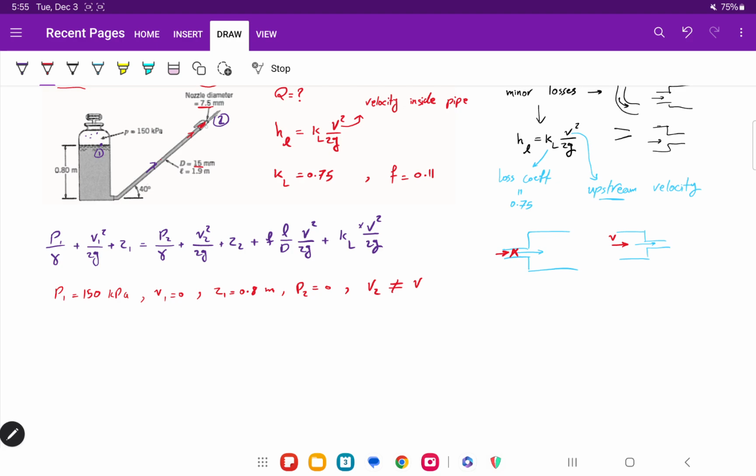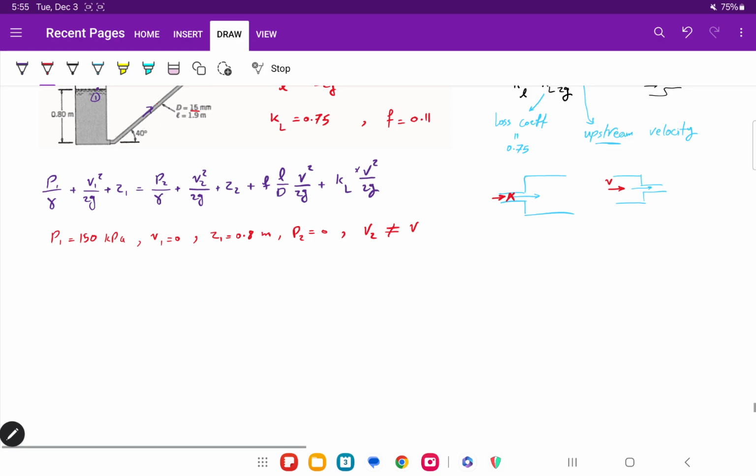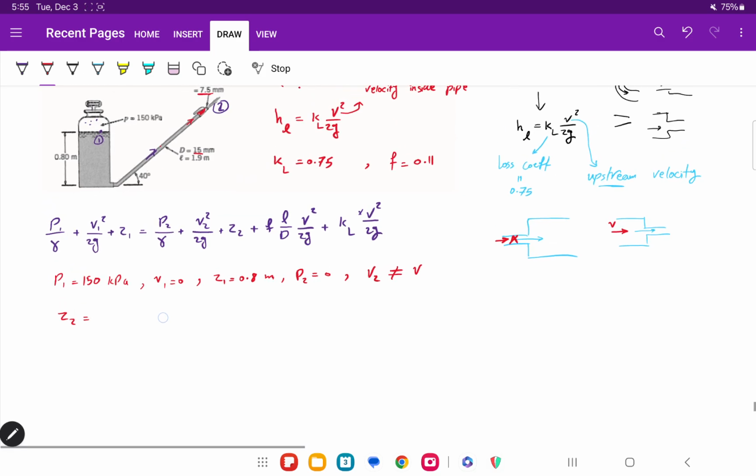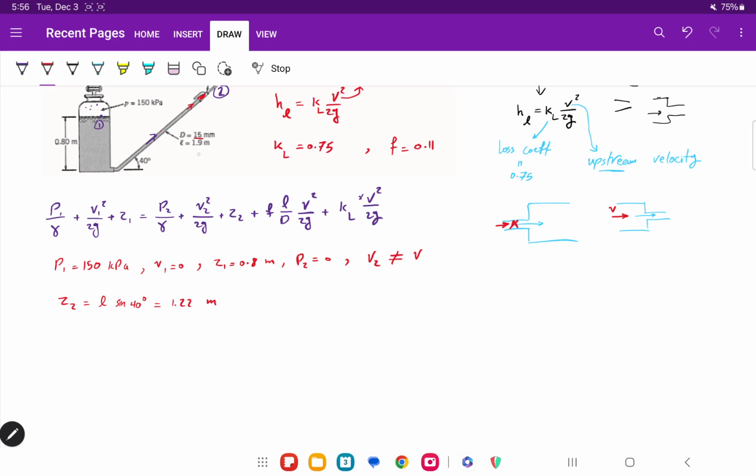Because the nozzle diameter is half of the diameter of the pipe. These are important. Be careful. And what else do we know? Oh, Z2. We can calculate Z2. It's the length of the tube times sine of 40 degrees, which equals 1.22 meters. You know L, 1.9, and the angle.